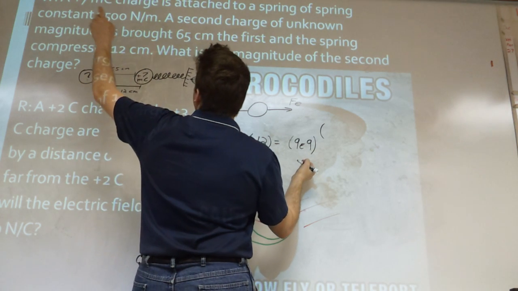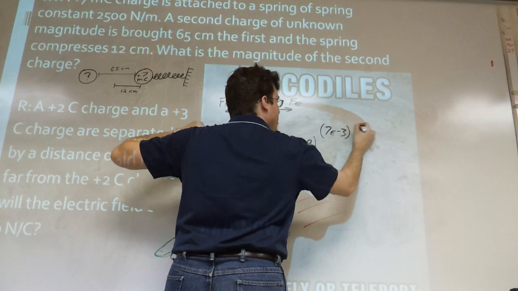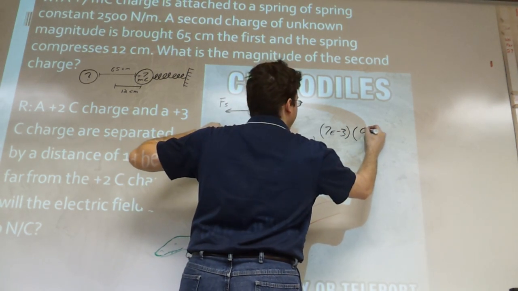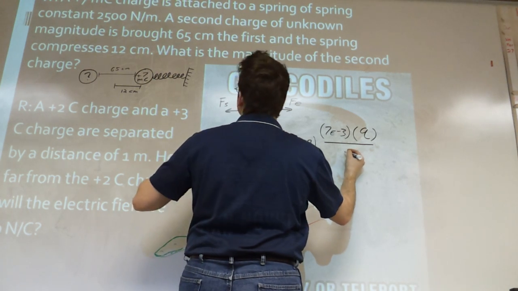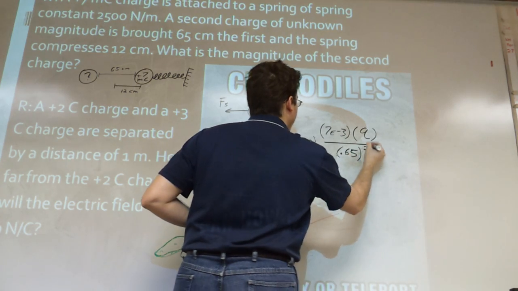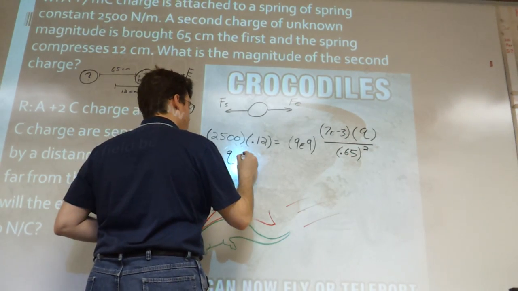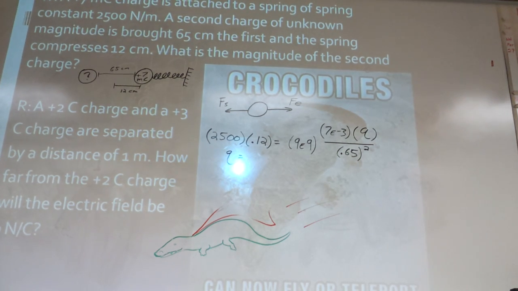Q1 is 7 millicoulombs, so 7e negative 3. Q2 is unknown, that's what we're solving for, so just leave it as Q. Over r squared, the distance between them squared, so 0.65 meters squared. Okay, so solve for Q.